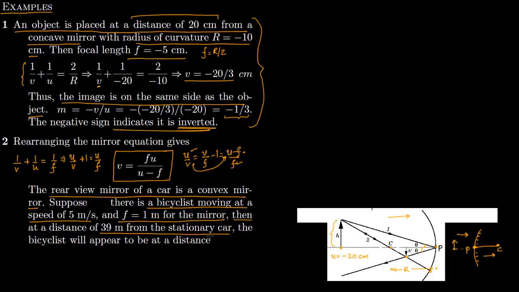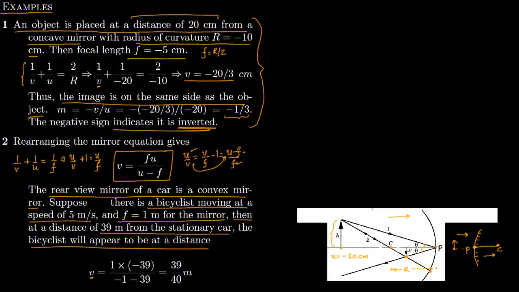Now the bicyclist will appear to be at a distance of, so you will see the image of the bicyclist, so you just plug it in. So f is 1, so u is minus 39 because you're always placing the object in front. Let us see this in a diagram.